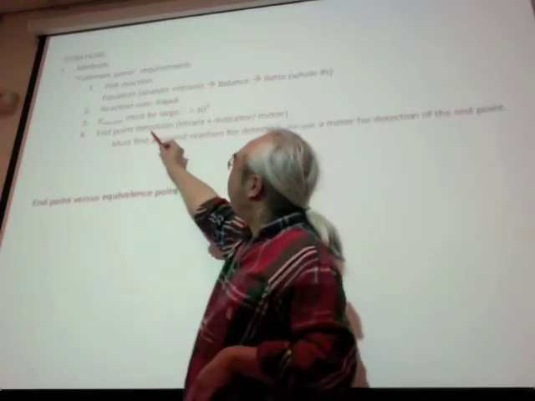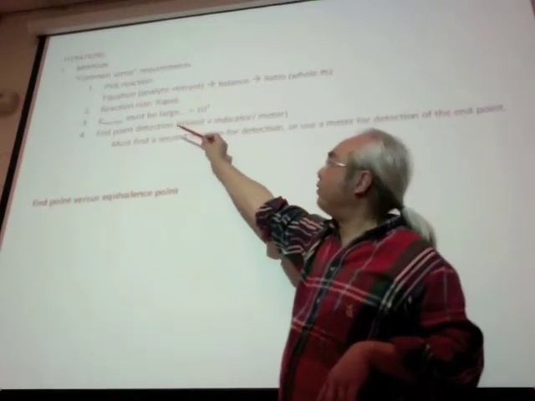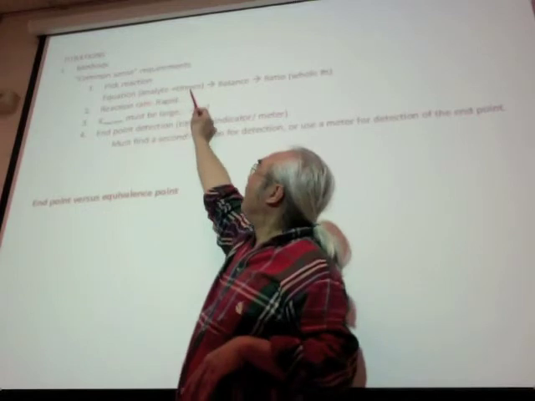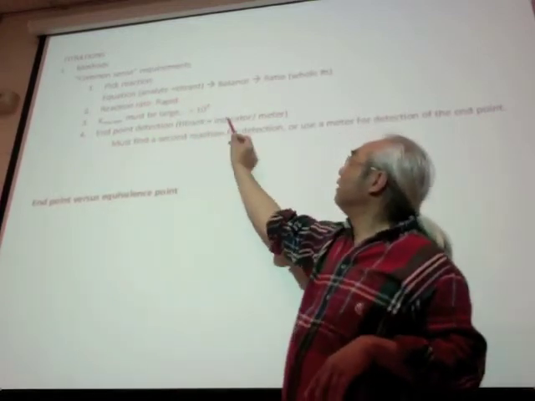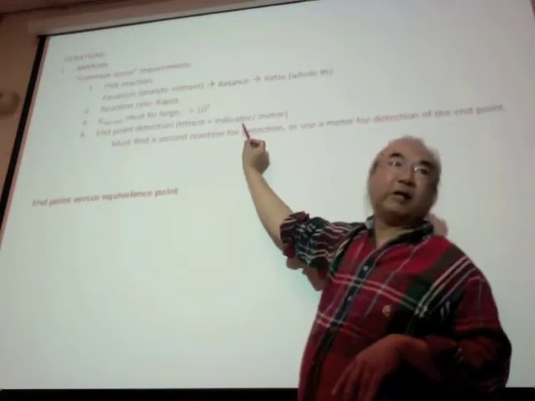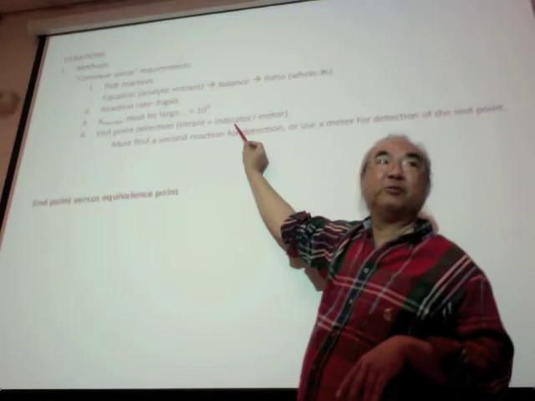Okay, then the fourth criterion is, once you reach the endpoint and add a little bit of excess titrant, that titrant will be able to react with an indicator. So there must be a suitable indicator for the purpose.